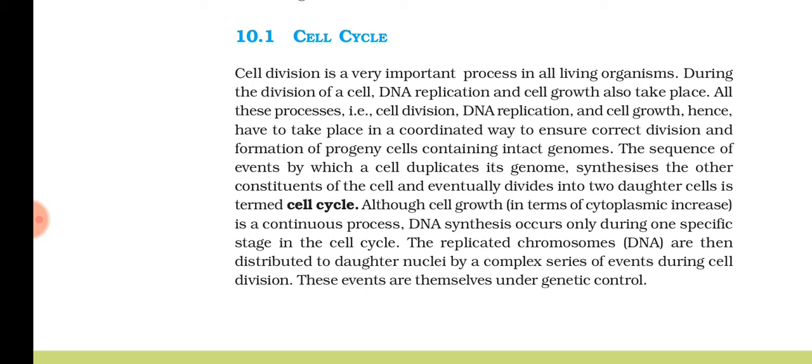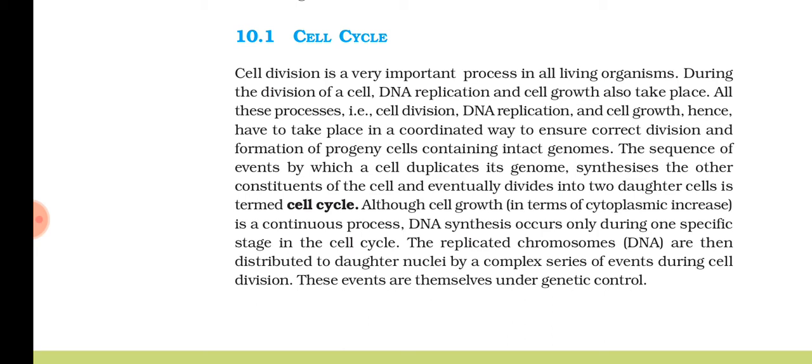Then other components of the cell also have to be synthesized. If the cell has to divide and two daughter cells should form, all the components of the cell should also be formed. Then these components should be equally divided into the daughter cells, isn't it?